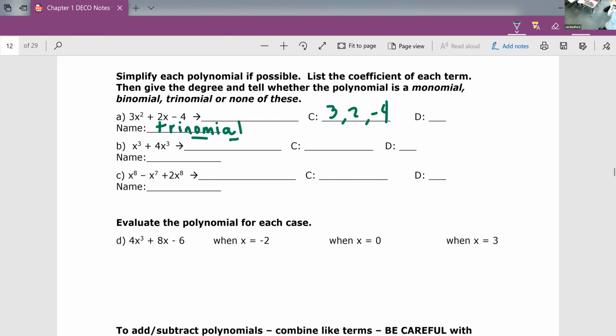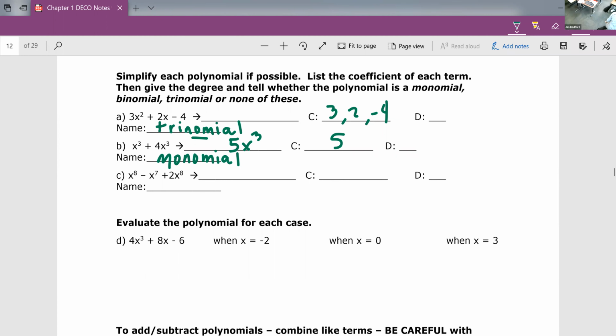So what is x cubed plus 4 more x cubes? 5 x cubes, right? Which the name would be monomial, because it's only one term. Good. So monomial. And what would be the coefficient? 5. Good job.